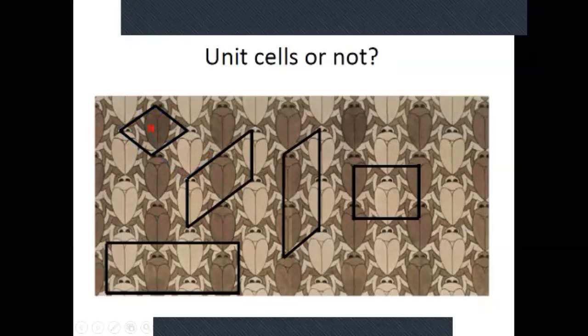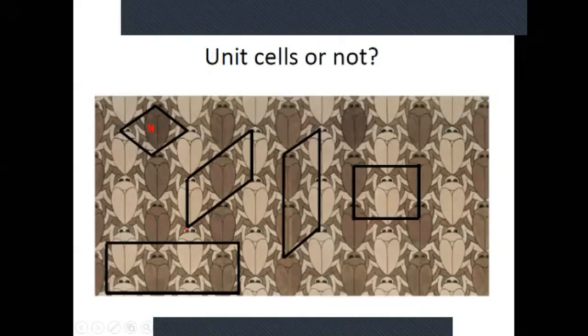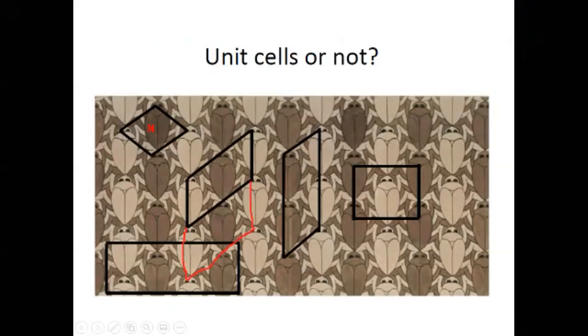Now if we look at the next one, we have this parallelogram connecting these four lattice points. If we shift down and connect another set of those four lattice points, you see that the information in the new unit cell is the exact identical copy of what was in the original unit cell.